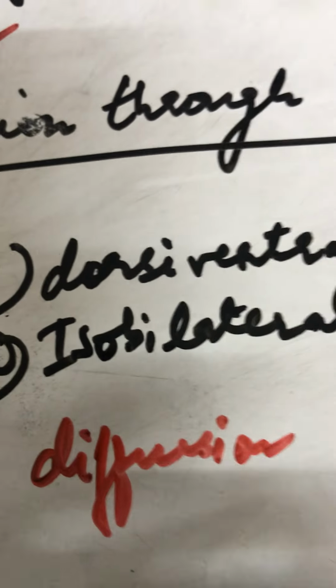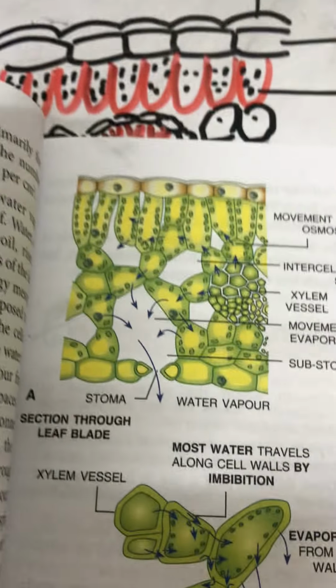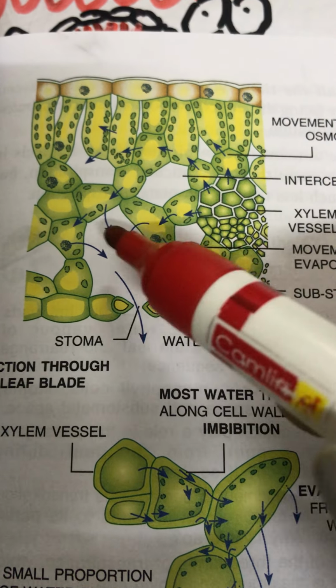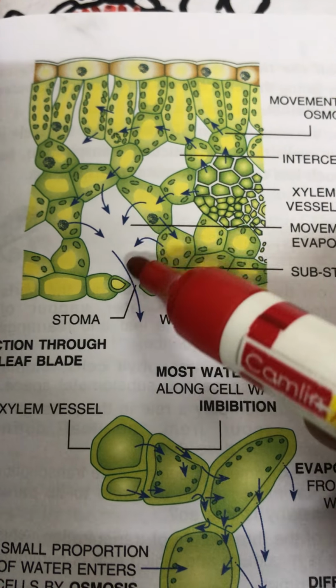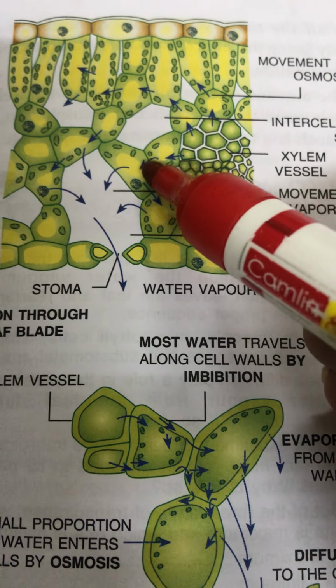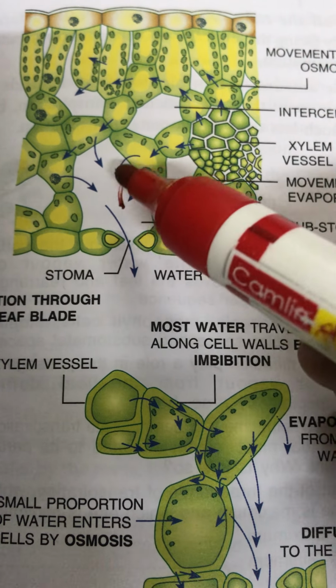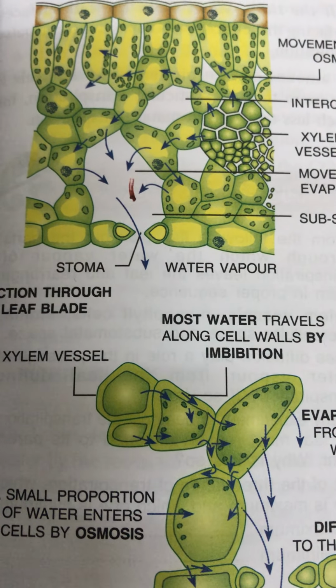So you are given this diagram in the exam. This one is made in your book. I am depicting here. You are asked what do these arrows indicate. So these arrows indicate movement of water vapor. These inner arrows from one cell to the other are indicating direction of movement of water, and the ones here are indicating the movement of water vapor.